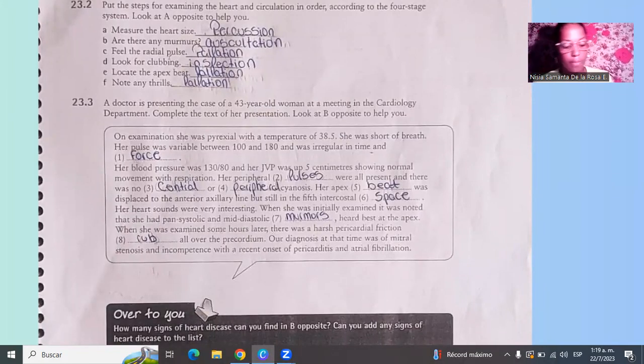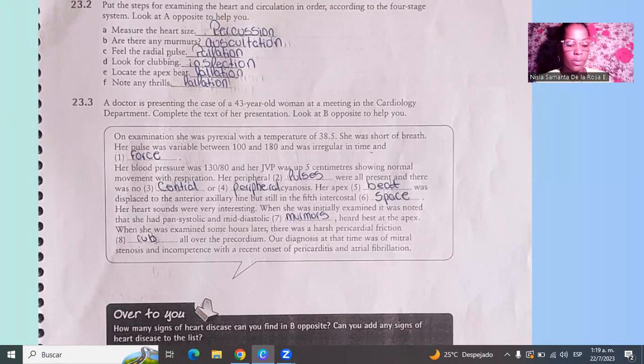23.3. A doctor is presenting the case of a 14-year-old woman at a meeting in the cardiology department. Complete the text of her presentation.